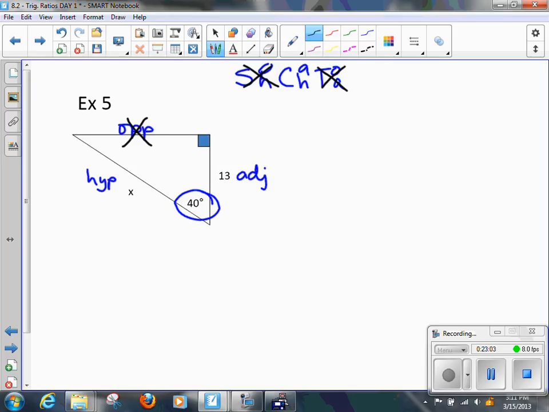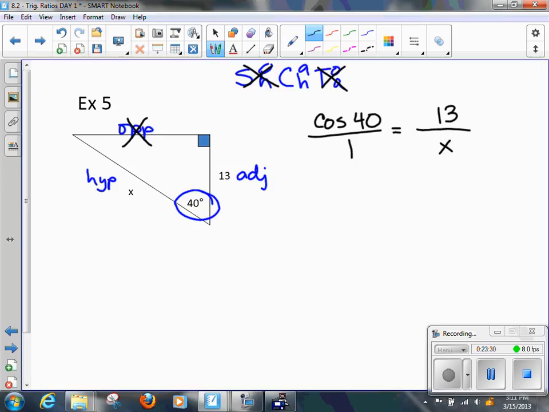Sine, cosine, or tangent? Cosine of who? 40, the one I circled. Over who? 1 is equal to. One more time. 13 over x. Right on. Your adjacent is 13. Your hypotenuse is x. Very good.